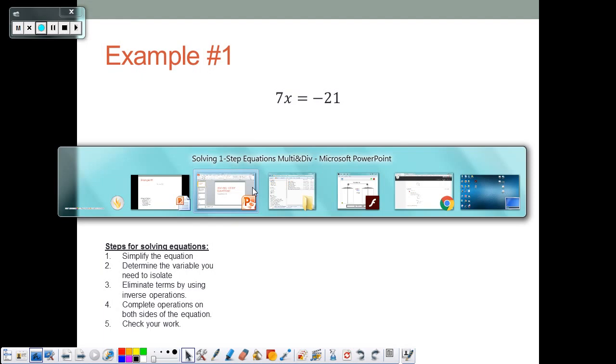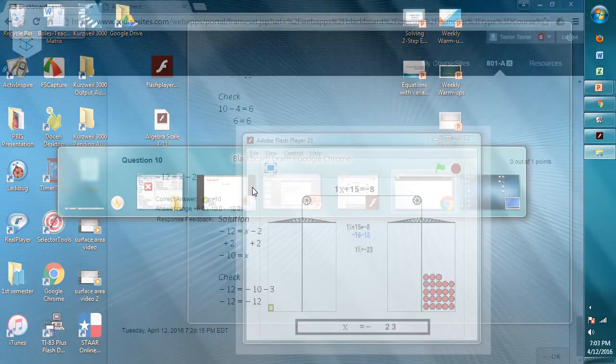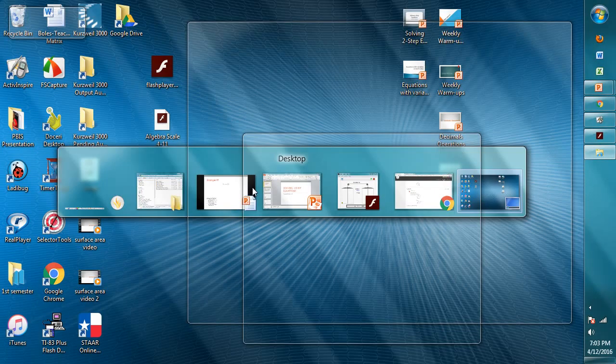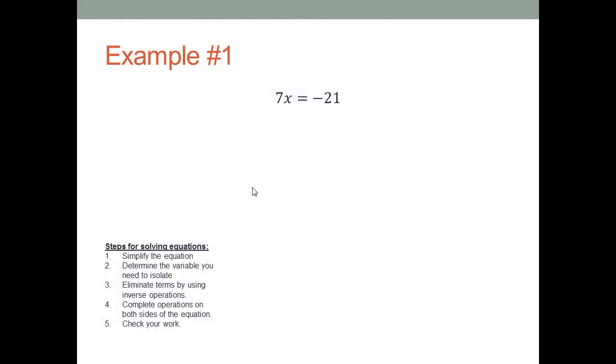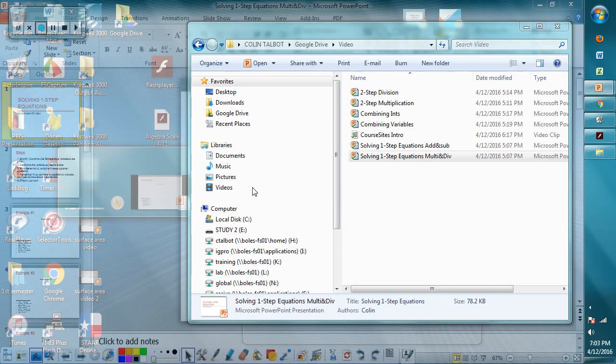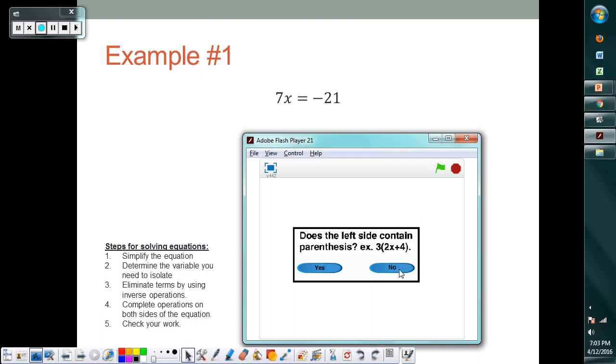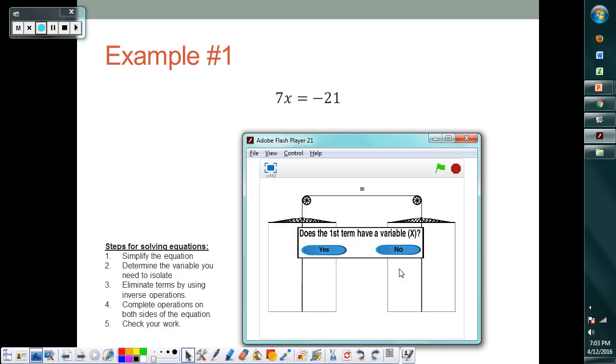I'm going to see if I can get this to work for me here. There we go. I'm going to go ahead and start it over. No parentheses right now, no division.